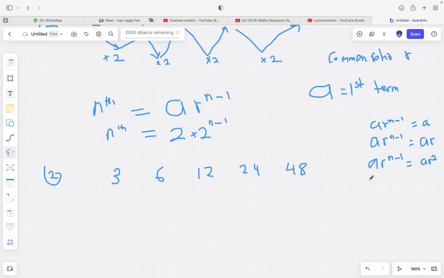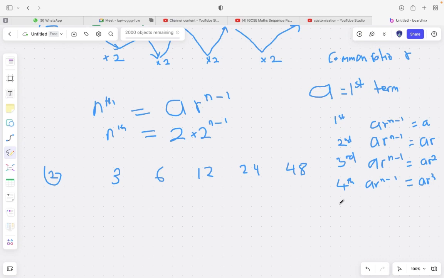For fourth term, 4 minus 1 is 3. So you have ar raised to power 3 for fourth term. This is fourth, third, second, first.